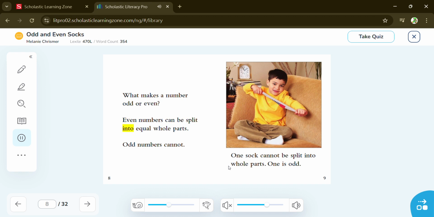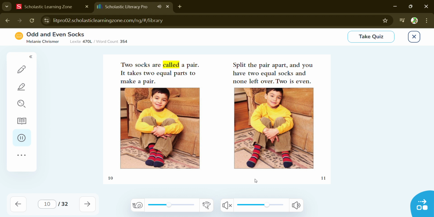Even numbers can be split into equal whole parts. Odd numbers cannot. One sock cannot be split into whole parts. One is odd. Two socks are called a pair. It takes two equal parts to make a pair.